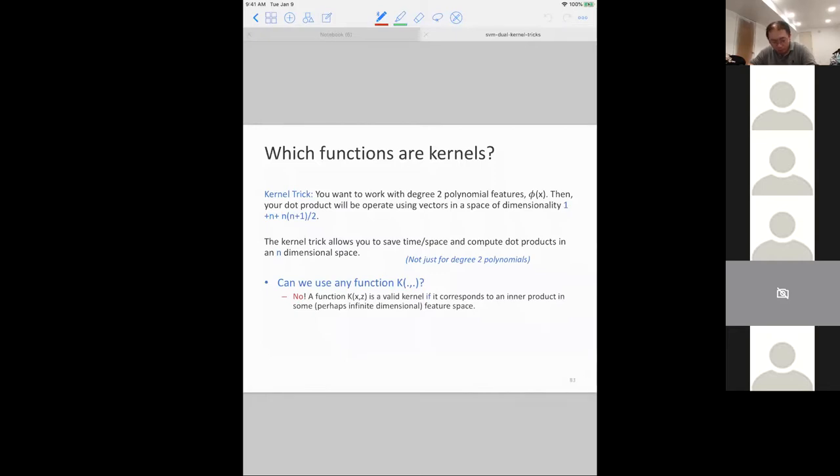So what kind of function can be viewed as a kernel function? A kernel function k(x, z) is valid only if it corresponds to an inner product in some feature space. And you see that many commonly used kernel functions correspond to the inner product in an infinite dimensional feature space.